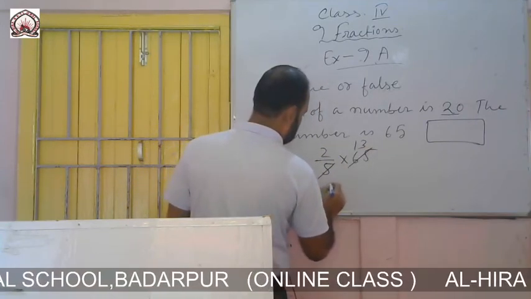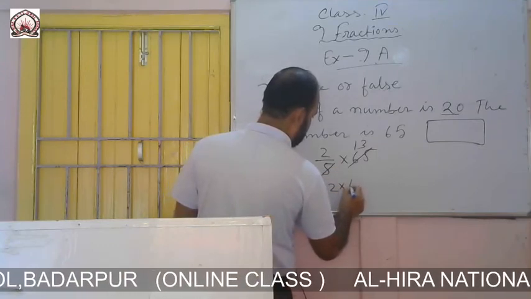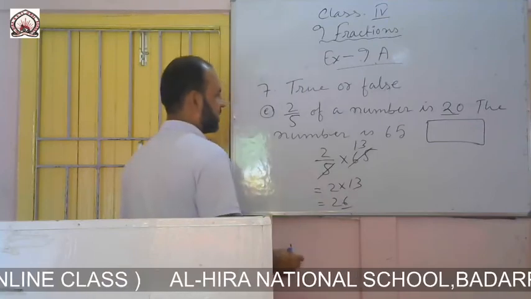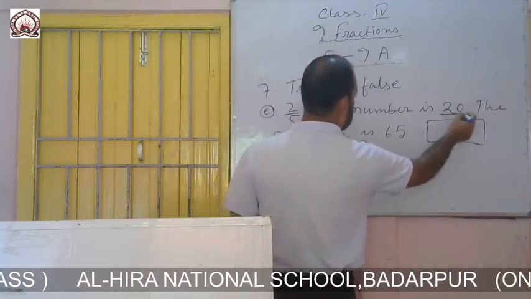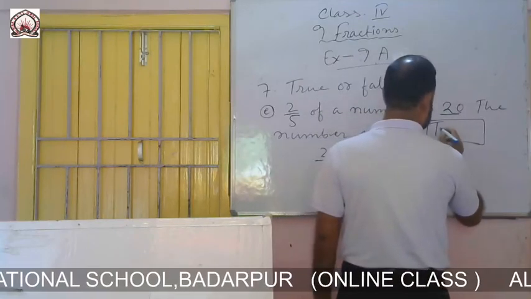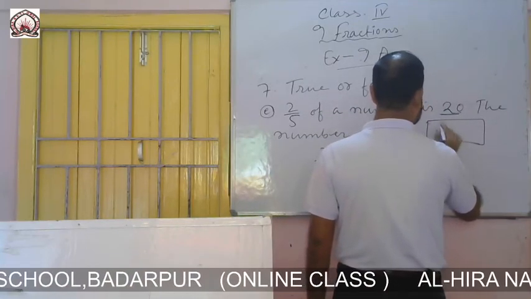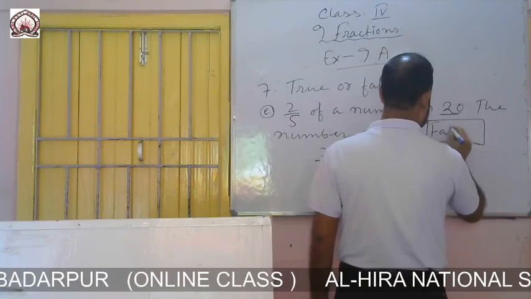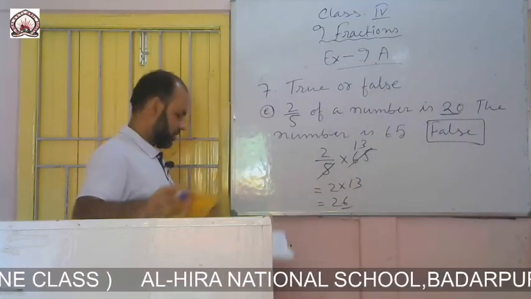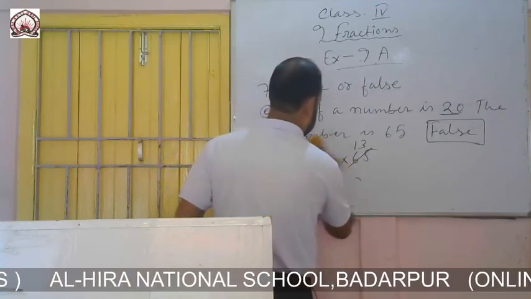Now 2 into 13 equal to 26, but there it is 20, so it is false.